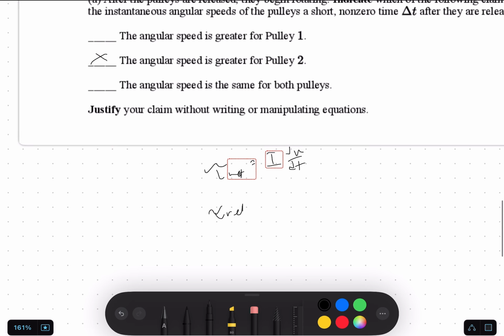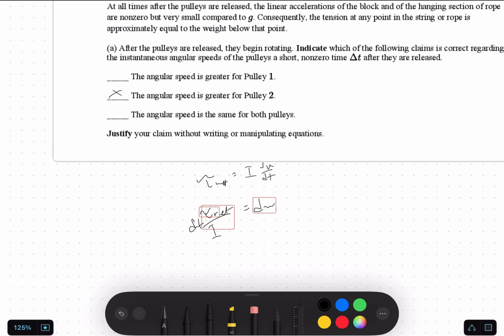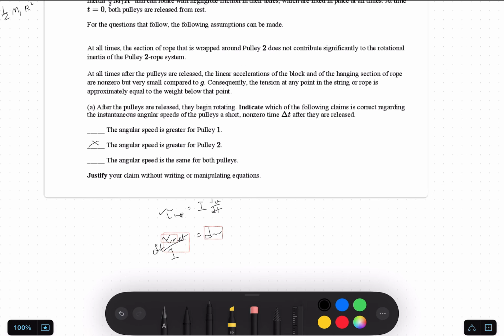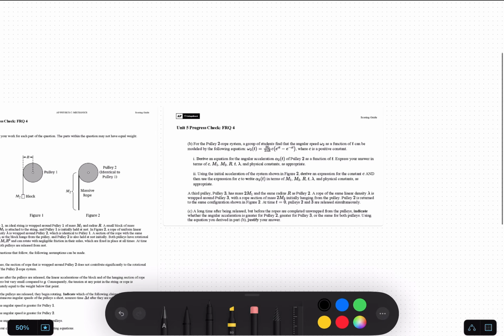Right now it has the same torque net. So the greater torque is going to result in greater angular speed.